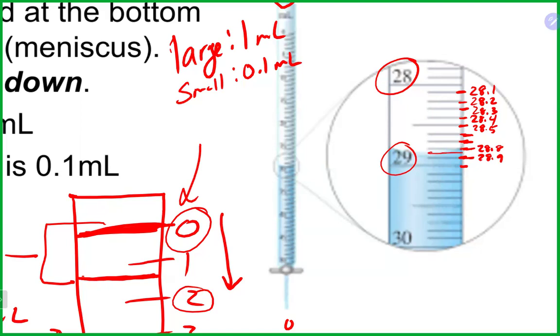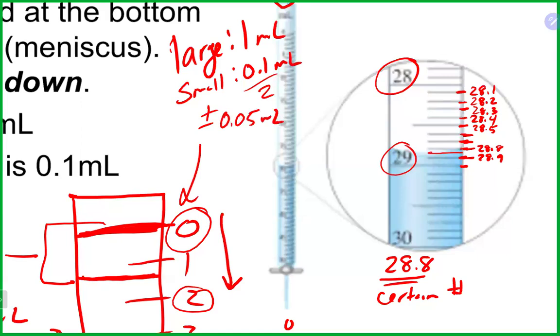So we'll go with at least 28.8 is at least the certain numbers here. These are our certain numbers. I know for sure if I take my smallest marking and divide it by 2, that's going to give me a plus or minus 0.05 milliliters, which means when I take this reading, how far should I take it? How many decimal places? Should take it to 2 decimal places, which means now I need to do my estimate here.